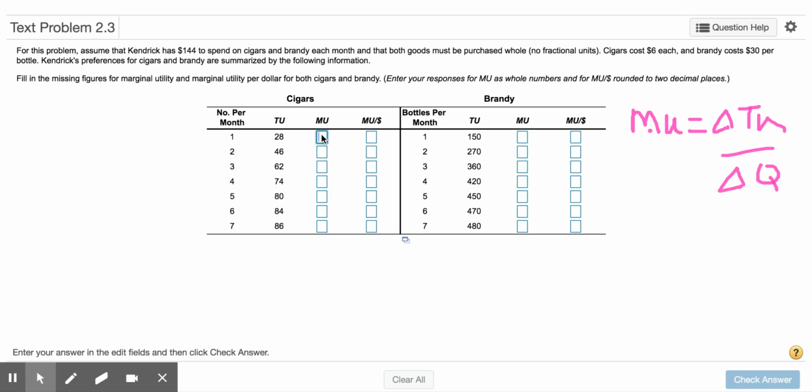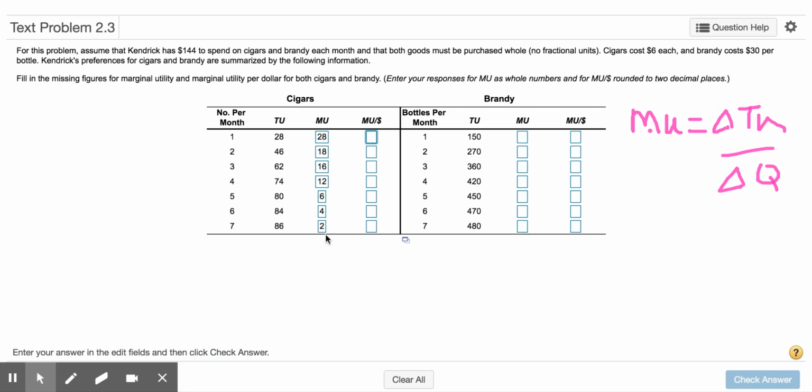So we start with the marginal utility of consuming cigars: 28, 18, 16, 12, 6, 4, 2.